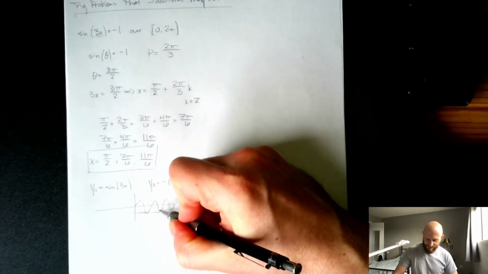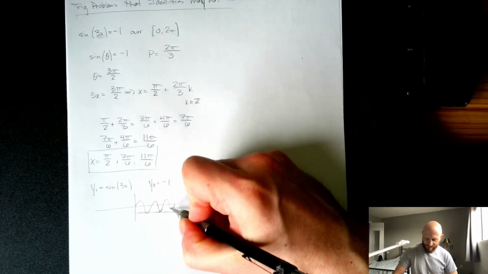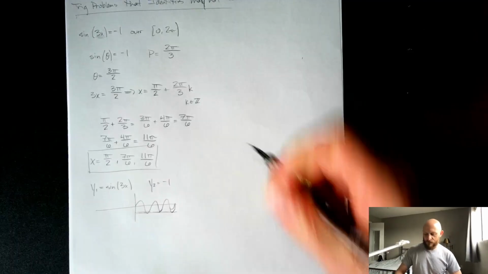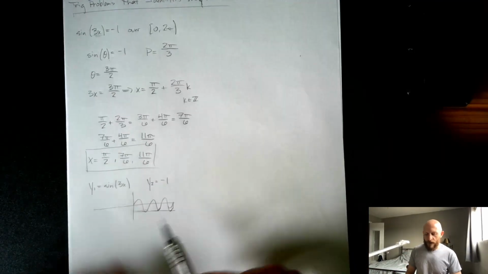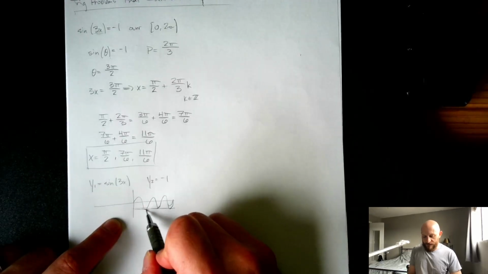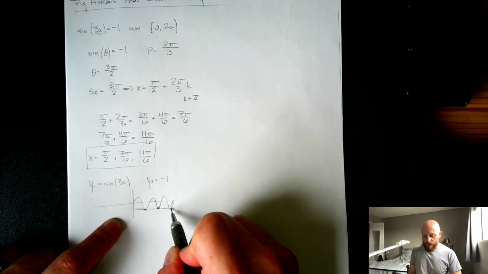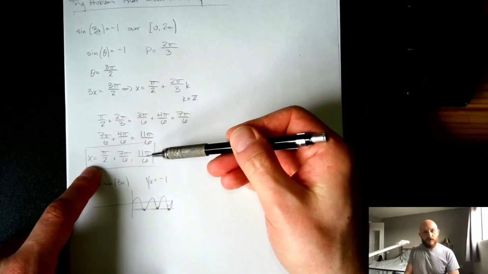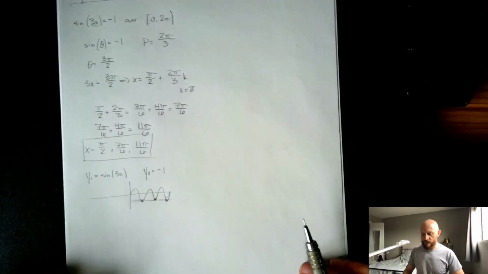Just a terrible picture. Imagine these things are all coming down and actually touching that line, because they would be. So where does sine of 3x equal -1 on this interval? It's all of the places that the 2 graphs intersect, which you'll find will be these three x values.